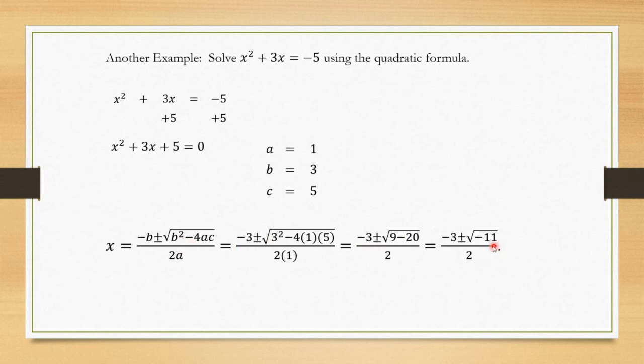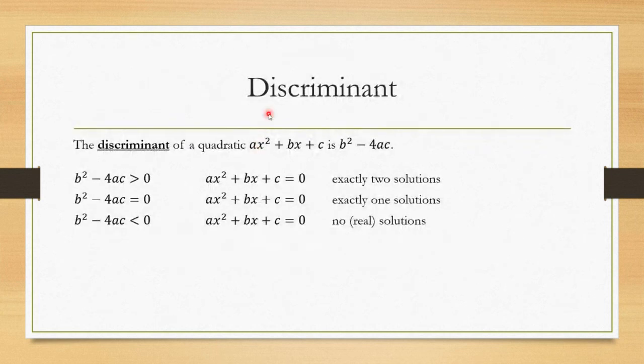Here it's minus 11, and because of that minus 11, there are no solutions. If it was positive 11, there would be two solutions. So that radicand really does make a difference, and because of that, we give it its own name, called the discriminant.